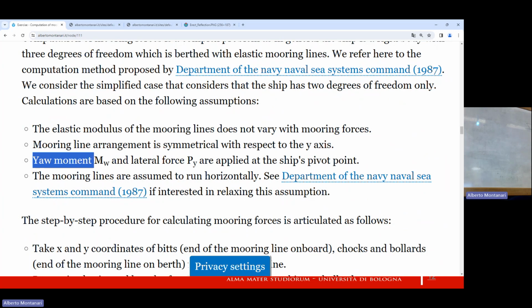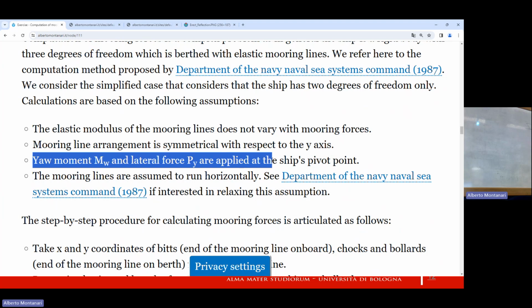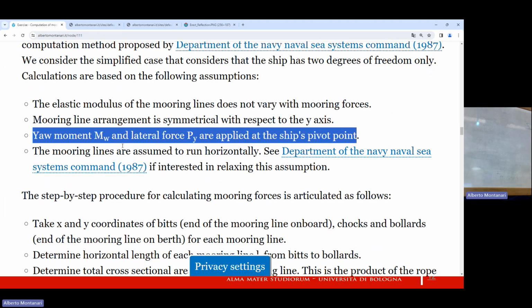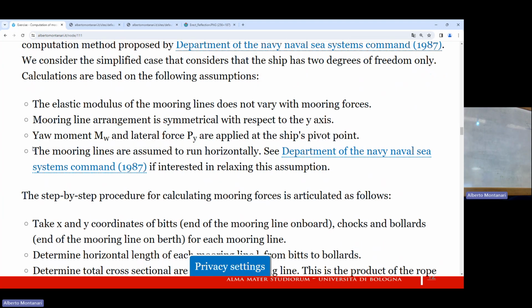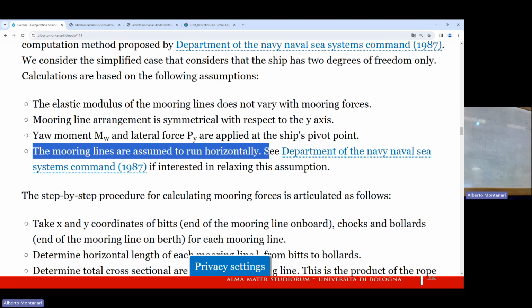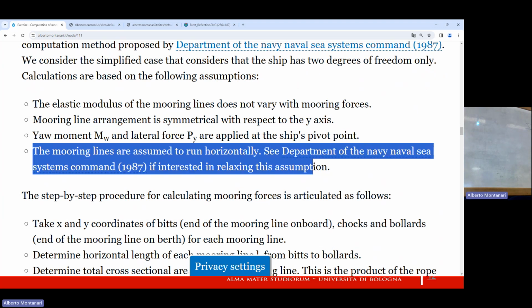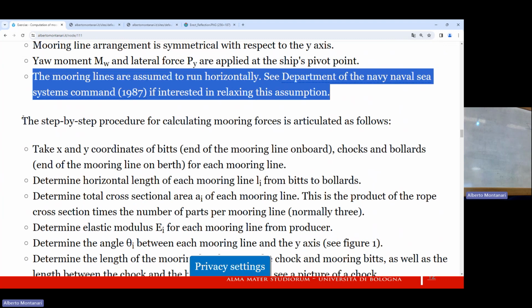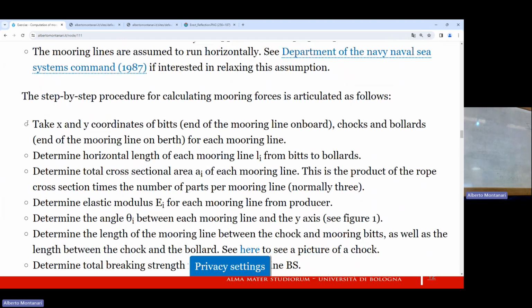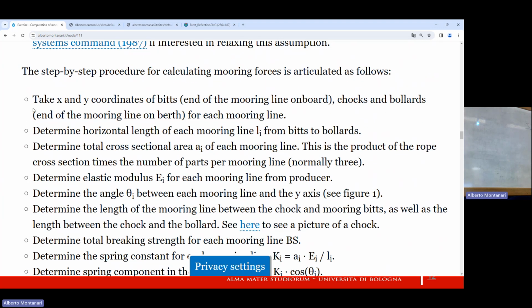Yaw moment, MW, and lateral force, PY, wind force, are applied at the ship pivot point. The mooring lines are assumed to run horizontally. Okay, we can relax this assumption. And this is the step-by-step procedure.